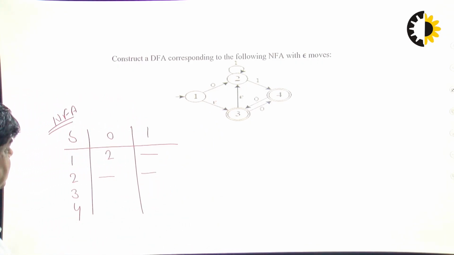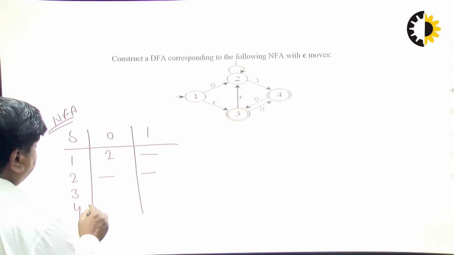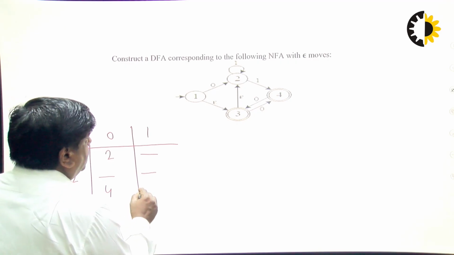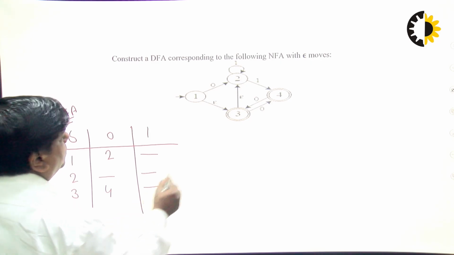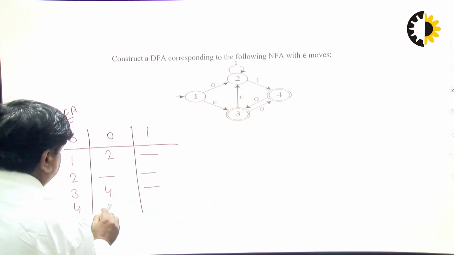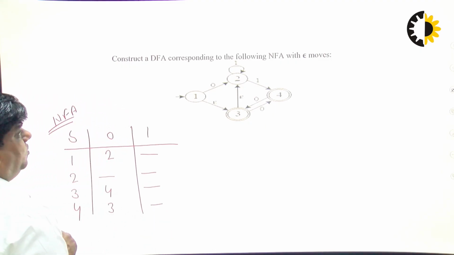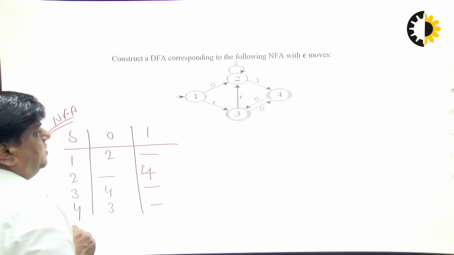Now, on state 3, what is the transition? For 0, that is 4, and for 1, no transition. Now, on state 4, for 0, that is state 3, and for 1, that is no state. Now, on state 2, for 1 transition, that is 4.